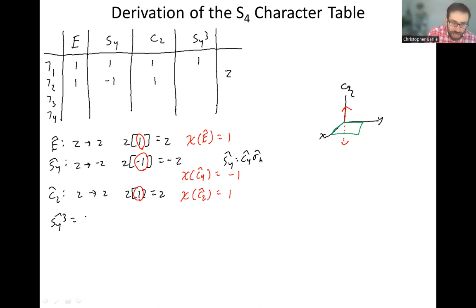And if you remember, that's a C4 3 times, we figured out on the previous slide, followed by sigma h. And what is that going to do? Well, a 270-degree rotation does nothing to the direction of the Z vector, but we do have this sigma h that takes Z to -Z. So I think you can see by now that you're going to get a value of -1 when we take the trace of that matrix.